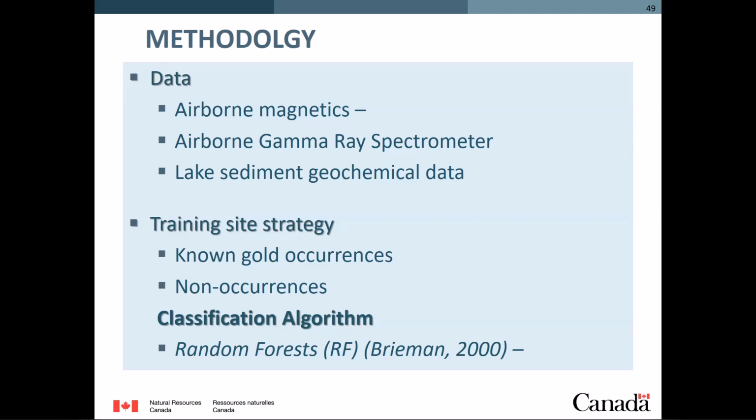And actually, you have to have a population of the known gold and a population of unknown or non-mineralized areas. And this becomes a bit of a problem. There's lots of interest in the literature as to what the best method is. We use just a random selection of points. And then we use random forest to produce the map.